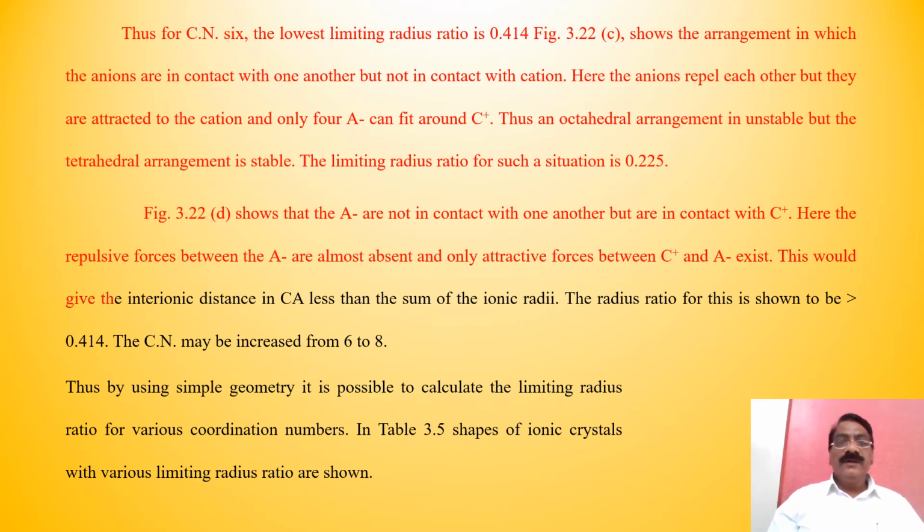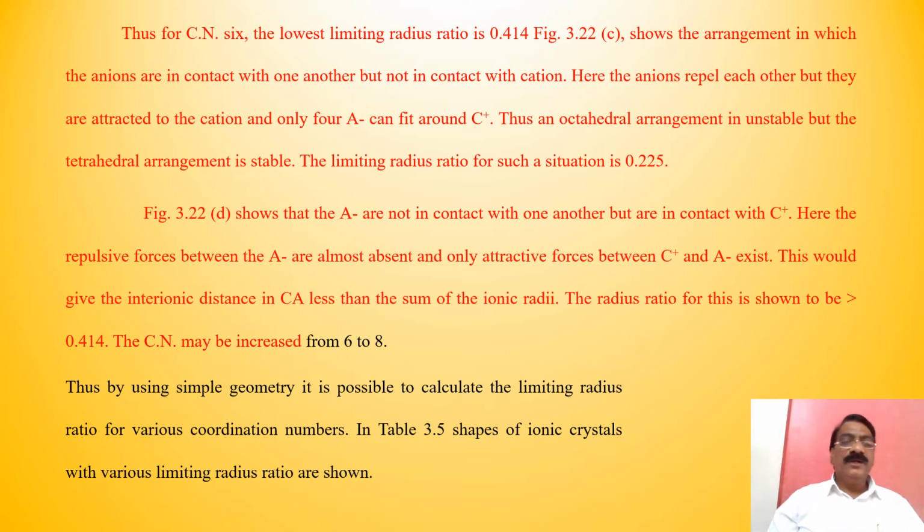This would give the inter-ionic distance Ca less than the sum of the ionic radii. The radius ratio for this is shown to be greater than 0.414.